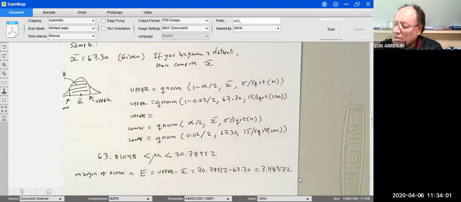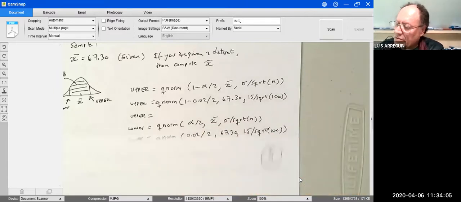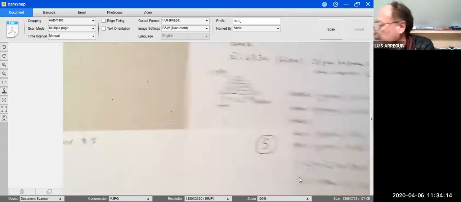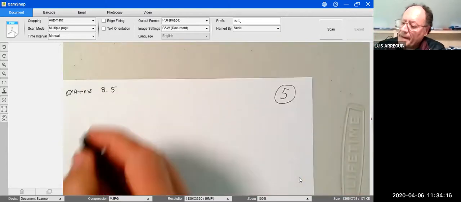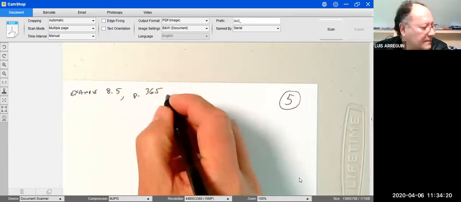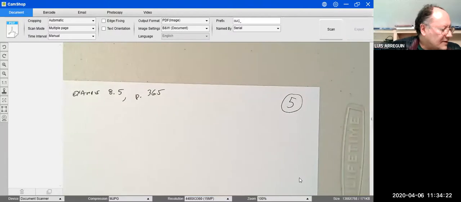So I'm going to solve another problem, and then you're going to be able to play with this. We're going to solve now example A.5, which is on page 365. Page 365.